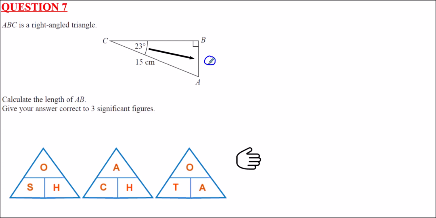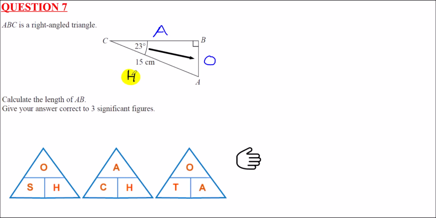The longest side is called the hypotenuse, so I'm going to label this one H for hypotenuse. The longest side is also always opposite to the right angle. The other side, the odd one out I think of it as, is the adjacent, which I'm going to label as A.